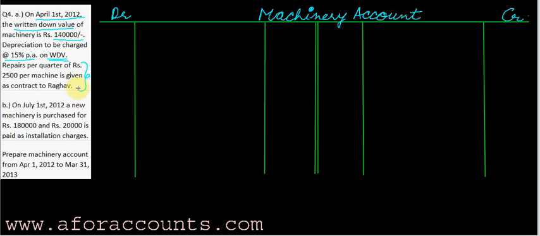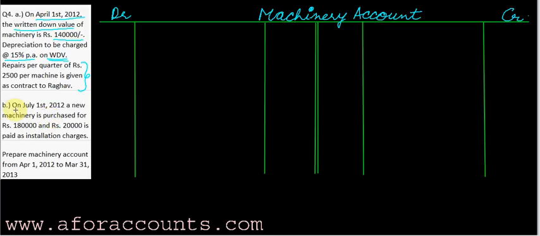Omit it, because repairs have nothing to do with your machinery. Once you bring the machinery till the installation expenses, that will only be taken to machinery account, and all the rest of the expenses which help keep the machinery in its current condition, like repairs, are to be directly taken to the profit and loss account. Nothing to do with machinery account or your depreciation account.